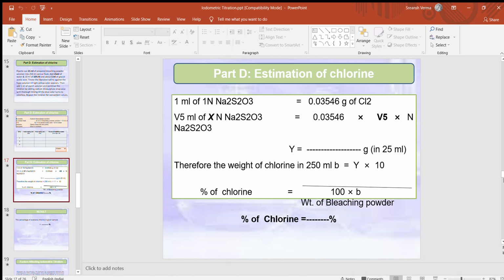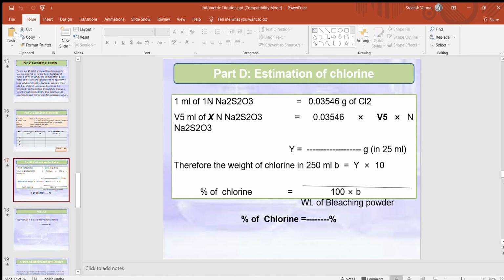This much amount is present in 25 ml. So now therefore the weight of chlorine in 250 ml you need to calculate. So take this value Y multiplied by 10 and then divide it by 100. Take Y into 10, and you will get the value B.